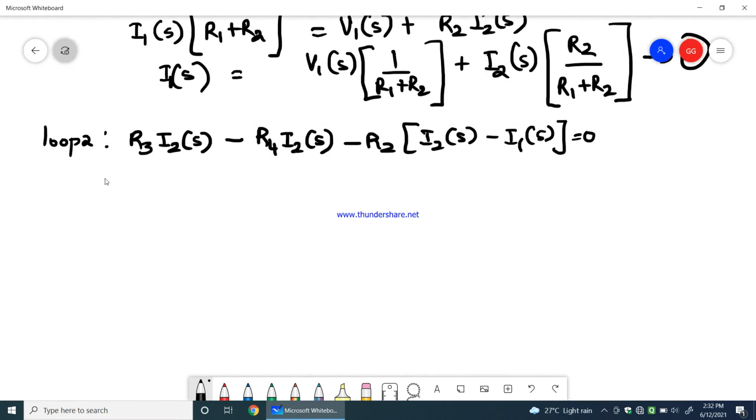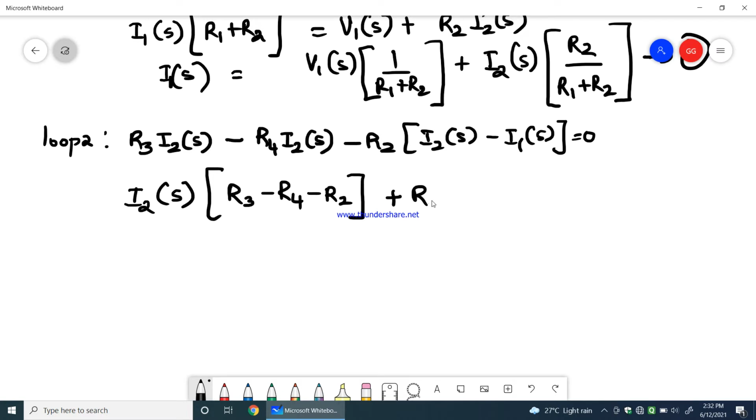Therefore I'll take I2 of S common. If I take that, I'll get R3 minus R4 minus R2, minus of minus plus R2 into I1 of S equals 0. Sorry, this is also minus actually.